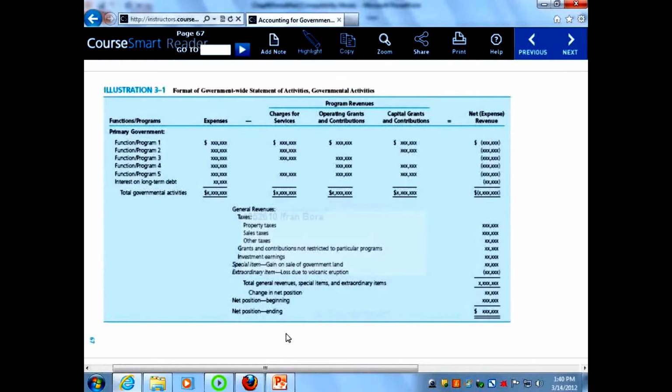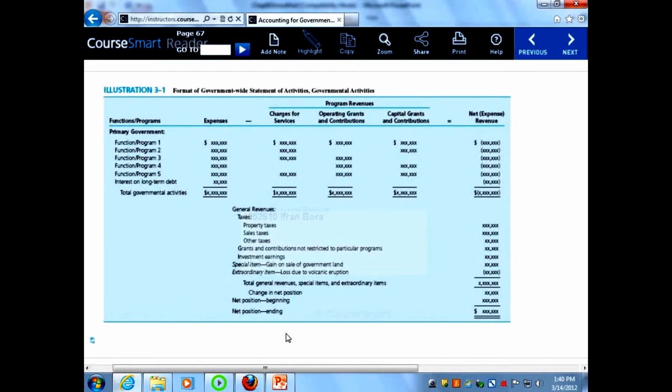Do you see any depreciation here? Where do you think depreciation goes? Depreciation expense, because now we're treating it like, where would depreciation go? It's included in the functional expenses.